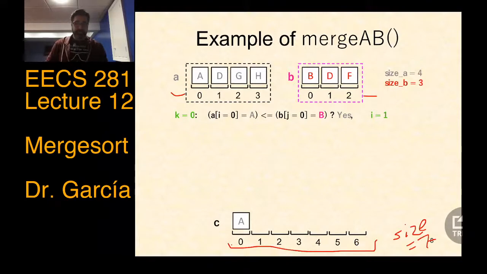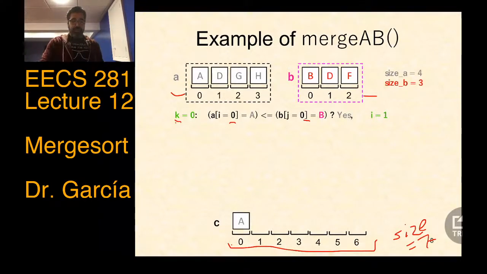Everything starts at 0. This is a little hard to parse because you have K equals 0, I equals 0, and J equals 0, but these are just the current values of I, J, and K respectively. That's all it means. It's a little hard to parse at first, but you get used to it.